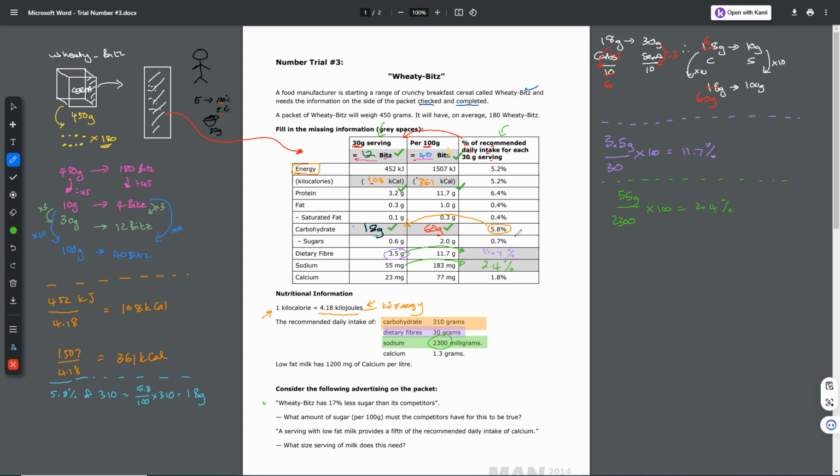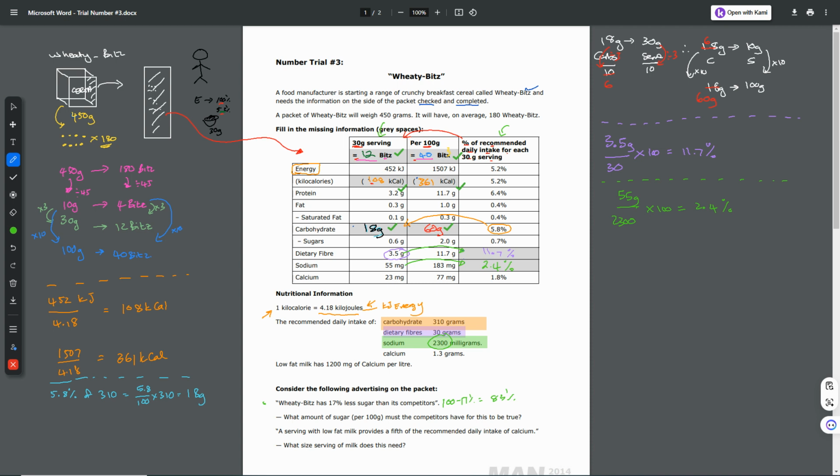And Wheatie Bix has 2 grams. 17% less means that it has 83% of the sugar, because if you take 100 minus 17%, it's going to equal 83%. So 83% of the sugars of competitors comes to 2. So we're saying that 2 grams. All right. So where are we getting this information from? So the first thing is, yeah.